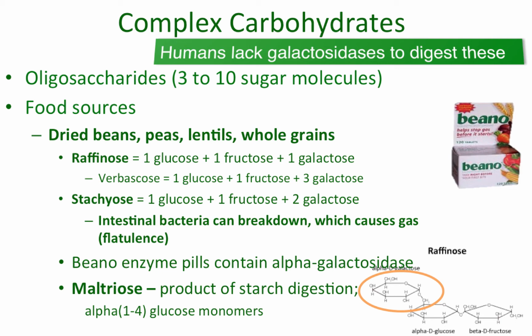Maybe, say for instance, you had a date, and I've done this so many times. You have a little pill, get your alpha-galactosidase, maybe get some burritos or something like that, and you're good to go. No gas. That's because the bacteria in your intestine digest the oligosaccharides, and a byproduct is, of course, the gas.